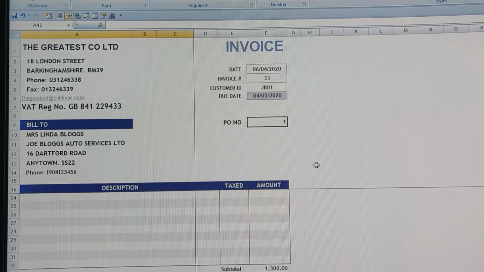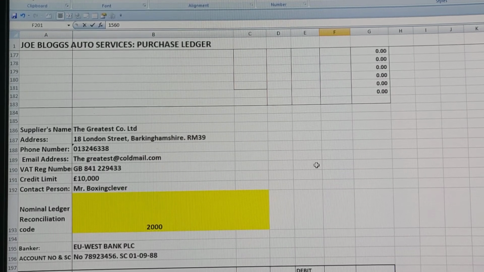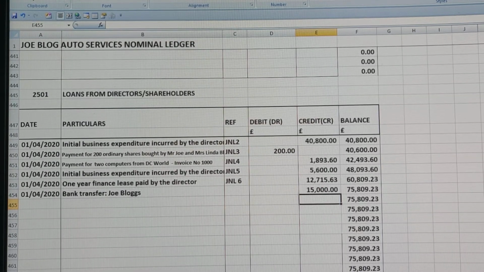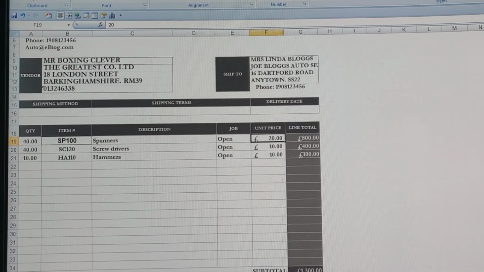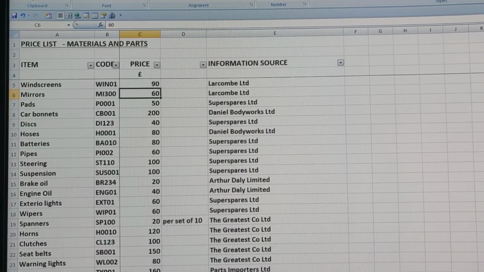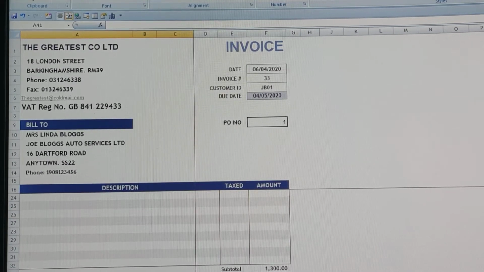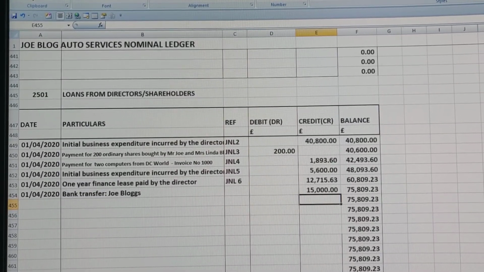It's £1,560. As you can see, the trial balance still remains the same because the purchase ledger is a subsidiary ledger. But I'm now going to link it to the nominal ledger. So the next thing I'm going to do is look at the expense code. The expense code for that amount is small tools, 6070. I am now going to 6070 in the nominal ledger.